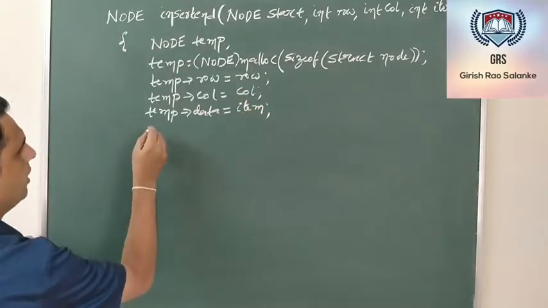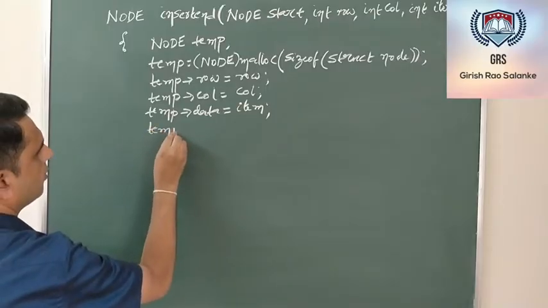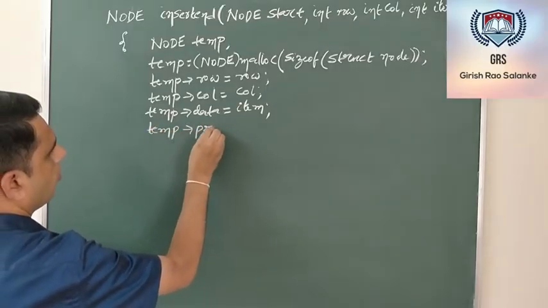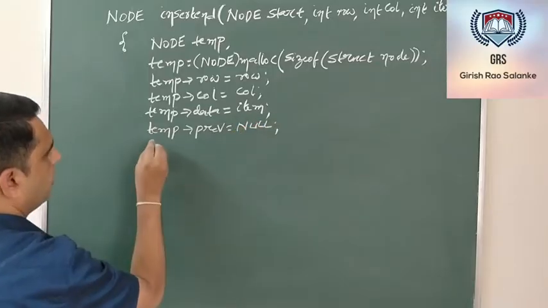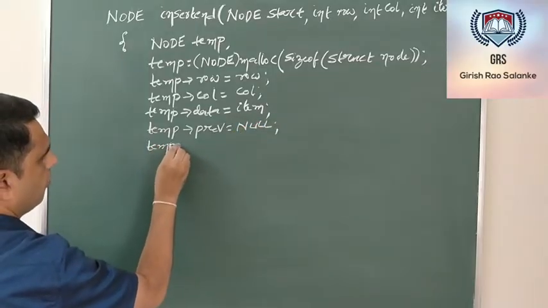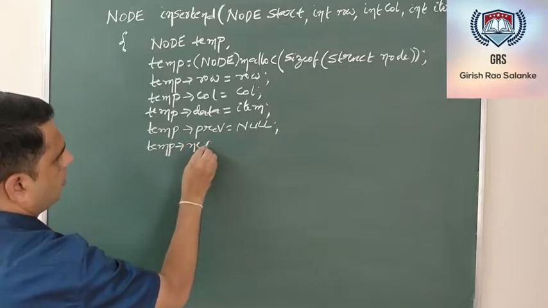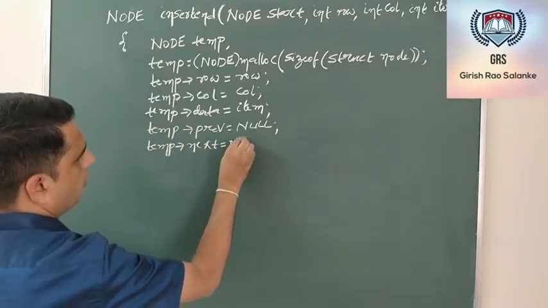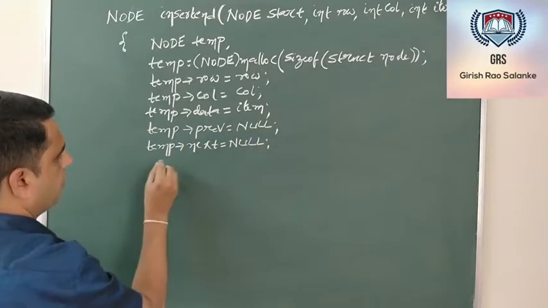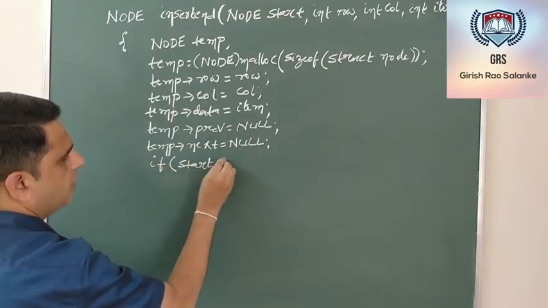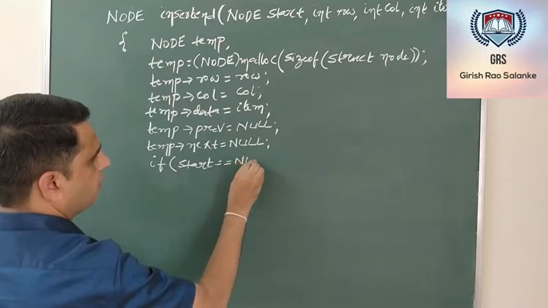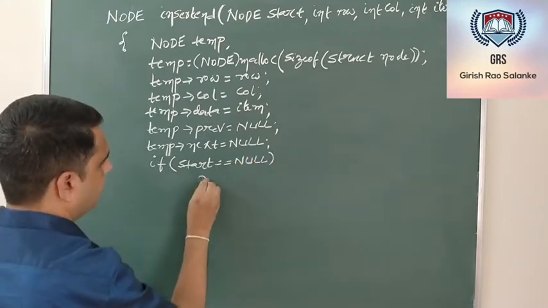We will make temp of previous as null. Similarly, we will make temp of next also null. If we are performing the insertion operation for the first time, then start will be null. So if start is equal to null, return temp.